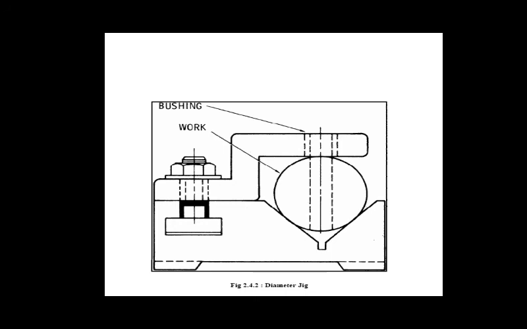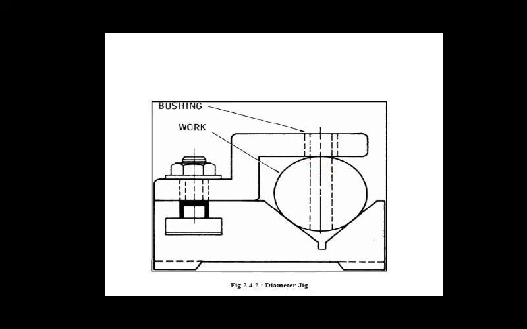And next we have seen the open type jig. On that jig the workpiece is located from the face that is to be drilled and clamped in the jig. So the jig is turned over for drilling, and this is also called a turnover jig. One advantage of the open type jig is that it does not have any enclosure of the jig body around it, so there was no problem of chip disposal.